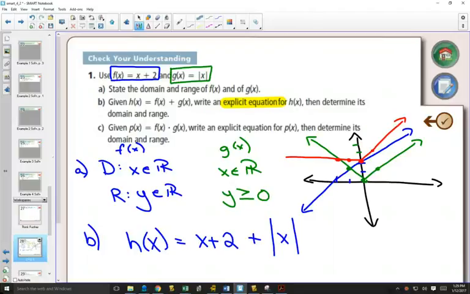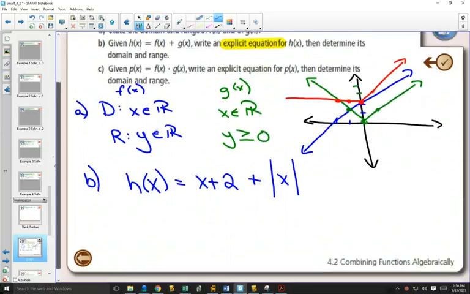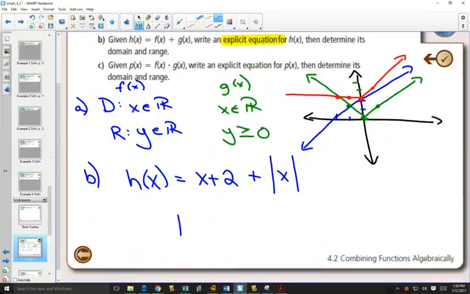If you want to know how does that work algebraically, okay? Because often you can tell a graph by looking at the algebra, but the absolute value sometimes throws you off. One of the things that I would look at algebraically for this one is the absolute value of x can be written as two separate functions.